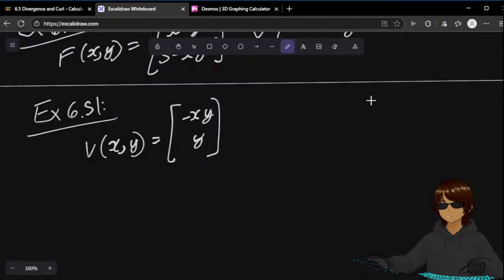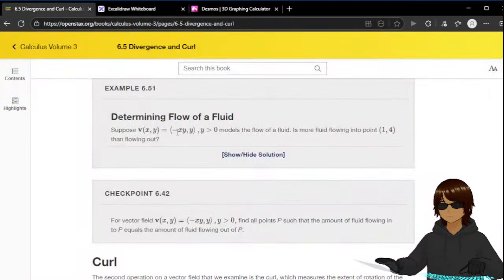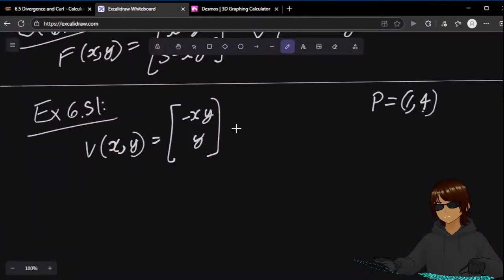And they're talking about point P = (1,4). So the divergence at P: derivative of this with respect to x, derivative of this with respect to y is 1.